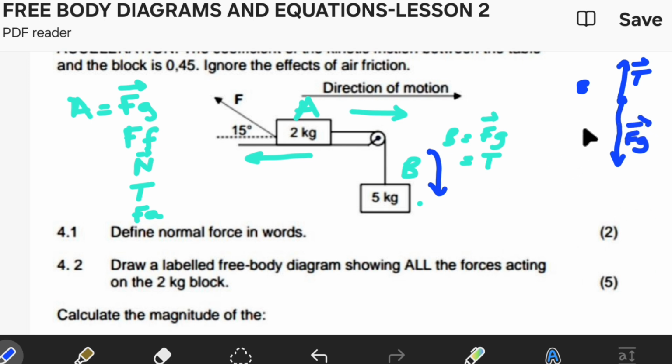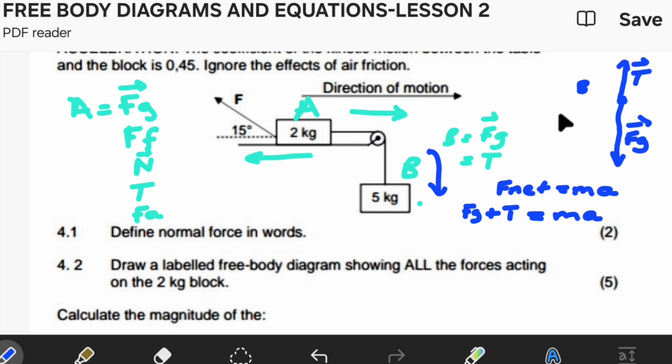Now, how do we formulate our equation of motion on block B? Straightforward, we know that F net is equal to mass times acceleration. We can see that we have two forces only acting on block B. F net is the sum of all forces acting on an object, so Fg plus tension will be equivalent to mass times acceleration.